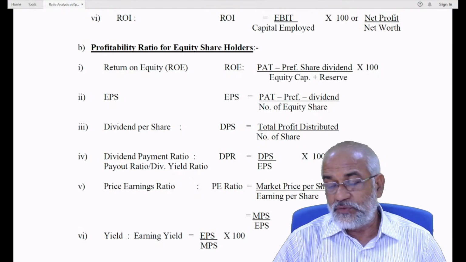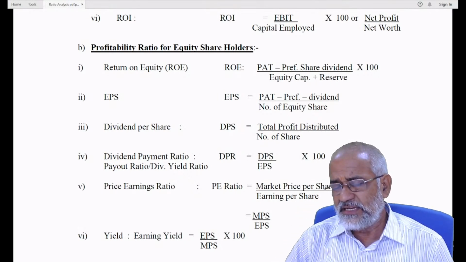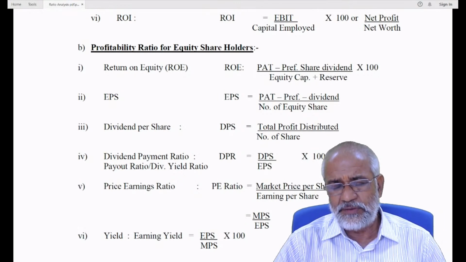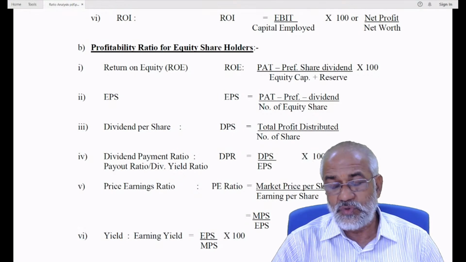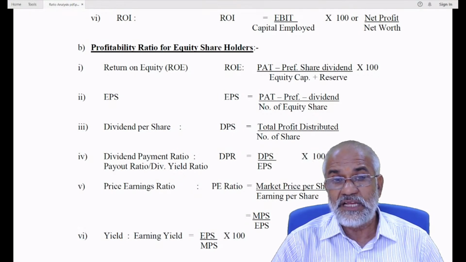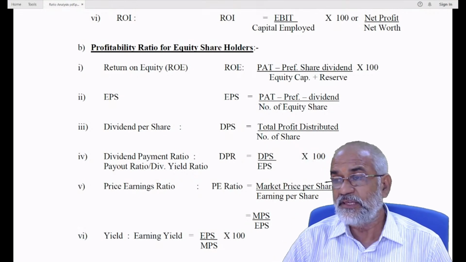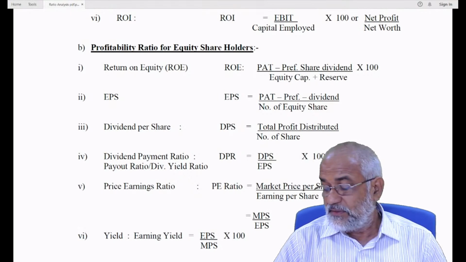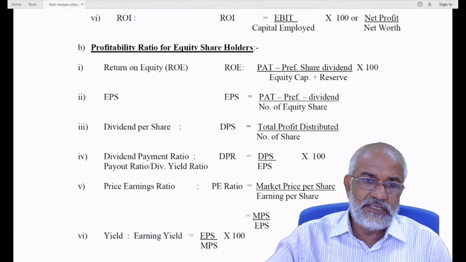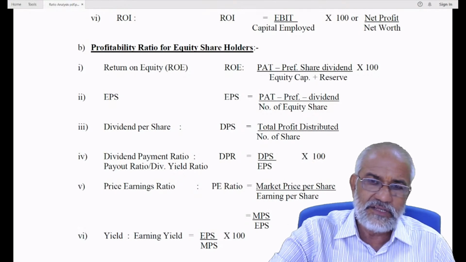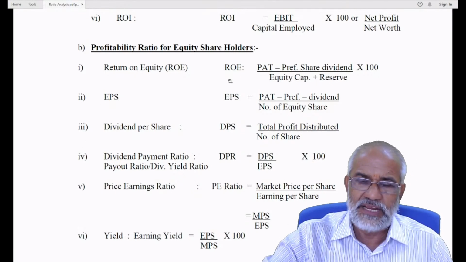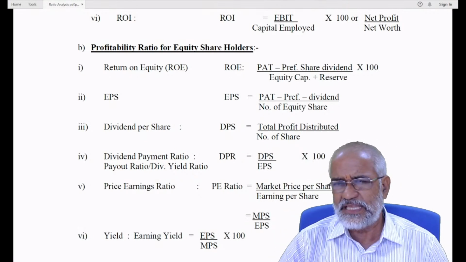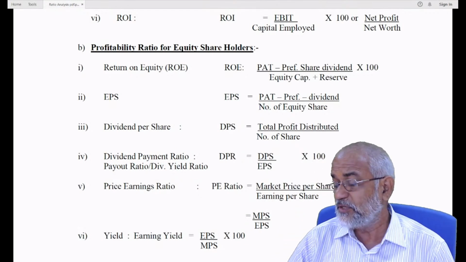DuPont analysis was advocated for the first time in the year 1968 to 70 by a person of the company known as DuPont. Return on equity is the profit after tax minus the dividend to the preference shares, divided by the equity capital plus reserves and surplus of the equity.